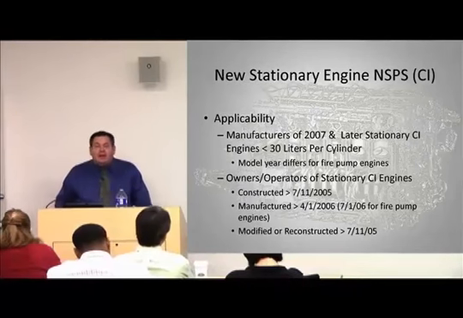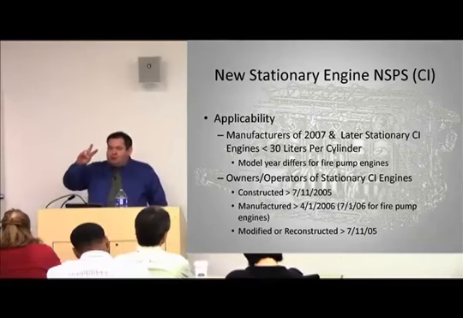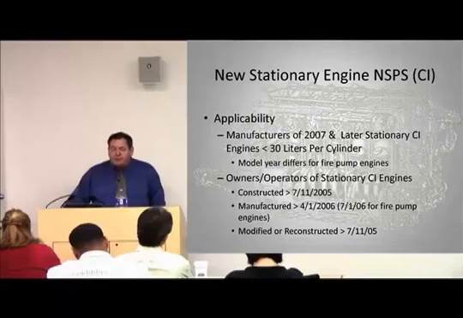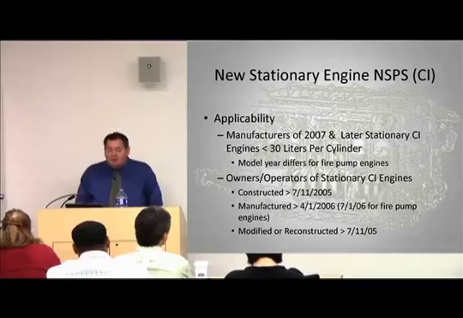So first we're going to take a look at Subpart IIII that applies to compression ignited engines. It applies to two groups. Number one, the manufacturers of compression ignited engines, and secondarily, the owners and operators of compression ignited engines. What it says for the manufacturers is that manufacturers of engines less than 30 liters per cylinder need to manufacture certified engines.